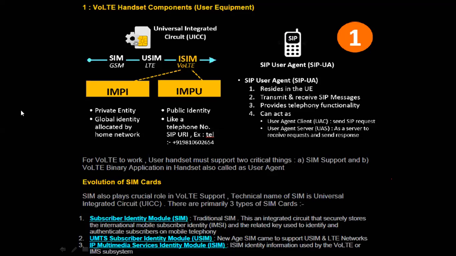What is the issue? Once we checked, we found that the particular person was using a USIM. For VoLTE you should use an ISIM. ISIM stands for IP multimedia services identity module. Additionally, ISIM stores two more pieces of information along with the IMSI, authentication key, and PLMN.